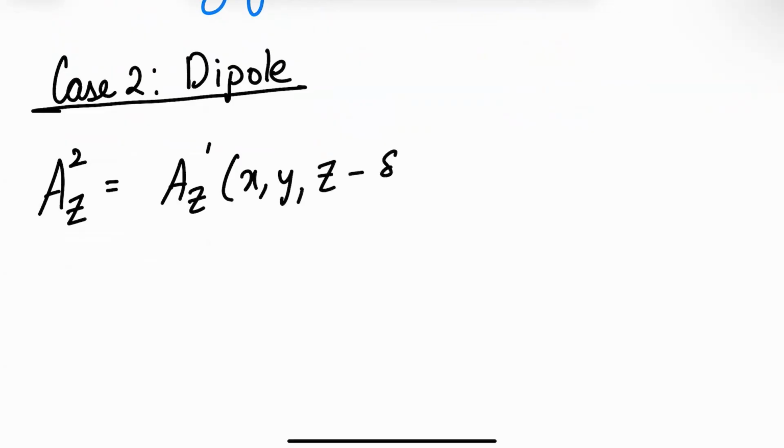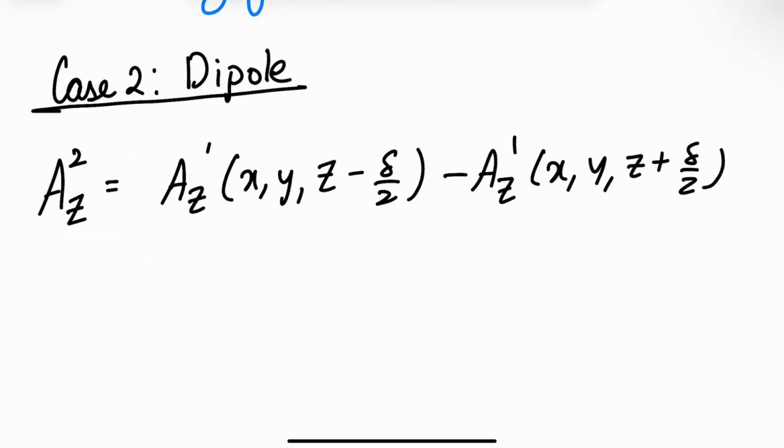So we shift this monopole by minus delta over 2 and plus delta over 2. So this is the first dipole case, right, where we're moving it up and down in z. So we have a plus and a minus to represent the plus and minus. And this is nothing but delta times d AZ1 over dz.